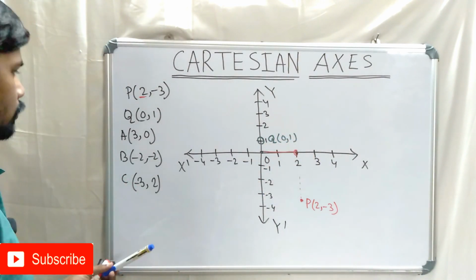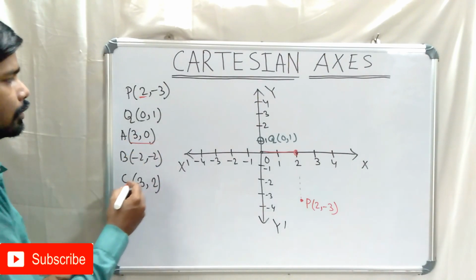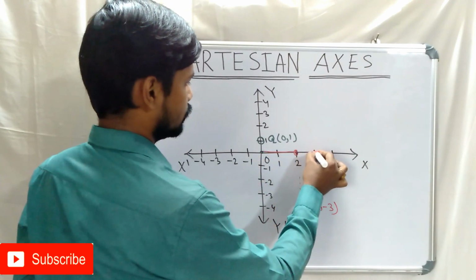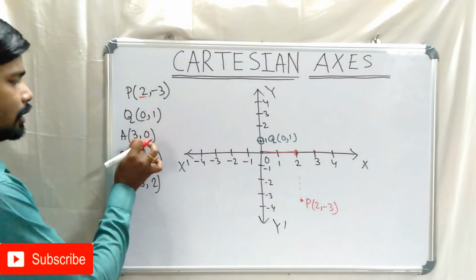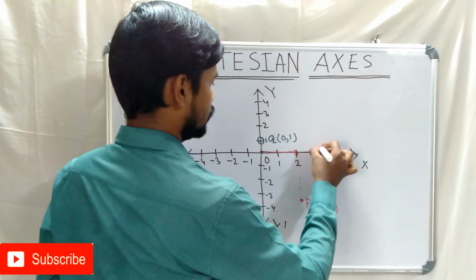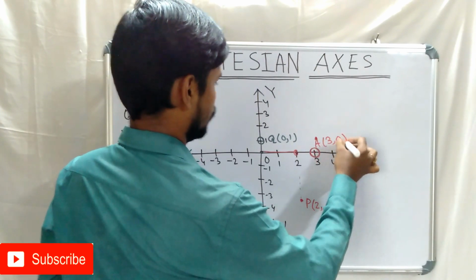Okay. Now point A is 3, 0, that is along the x-axis we have to go 3 unit distance, and 0 distance along the y-axis, that is we remain here. So this is point A whose coordinates are 3, 0.